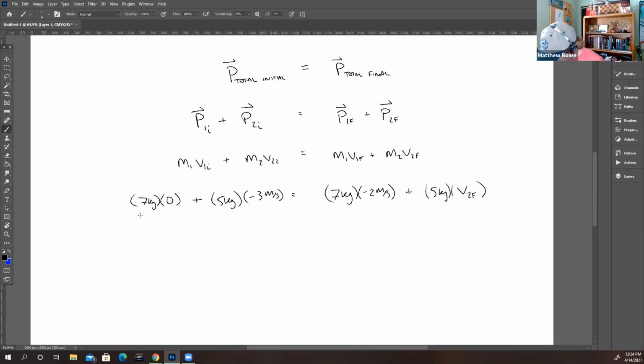Okay, so looking over here, that's 0 plus a minus 15 kilogram meters per second. This is minus 14 kilograms times meters per second. 5 kilograms.